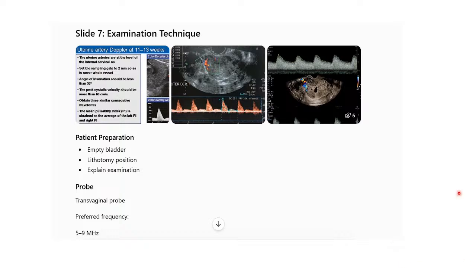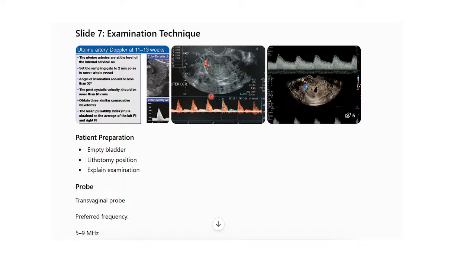So as you can see here, this is how the waveform appears. I did that in the previous section to show you how the waveform of a normal non-gravid uterus appears. You can see that it has a higher resistance compared to the pregnant one.